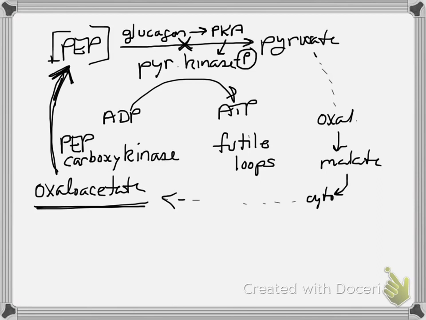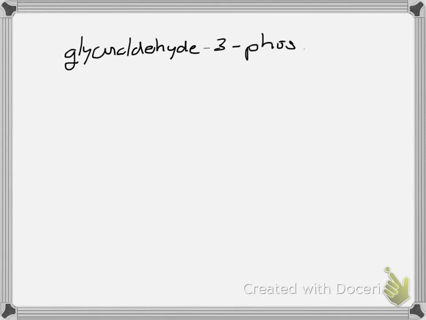Okay, now we're back up to glyceraldehyde 3-phosphate. Recall that we can convert this into DHAP because we are increasing our concentration of glyceraldehyde 3-phosphate because we're going reverse in glycolysis due to gluconeogenesis.